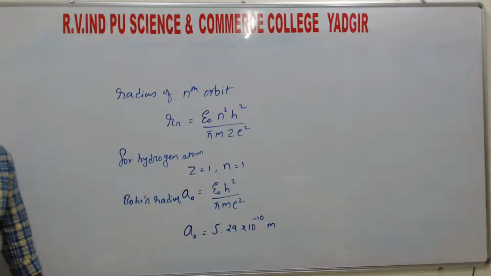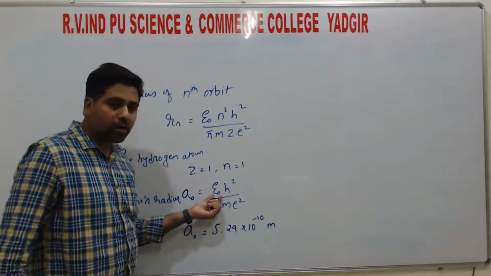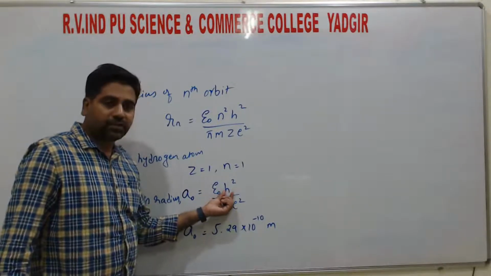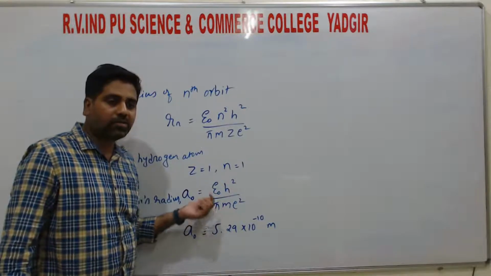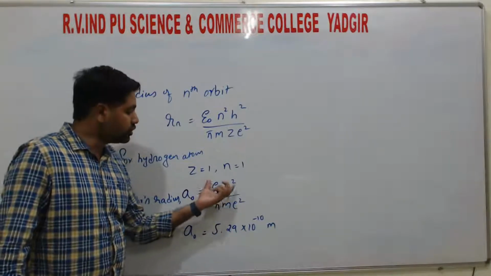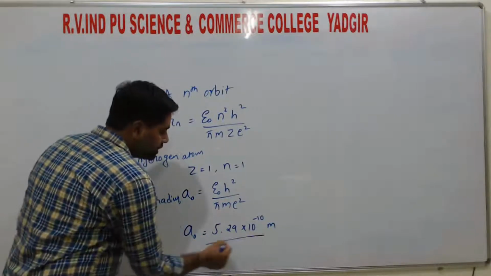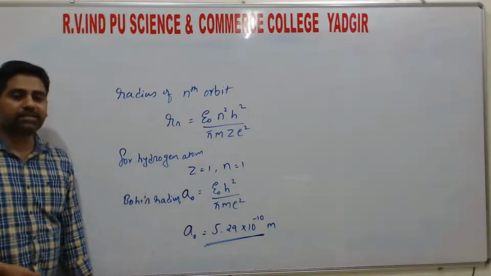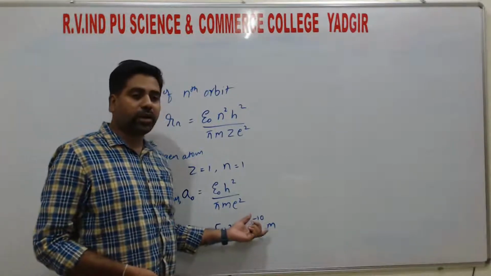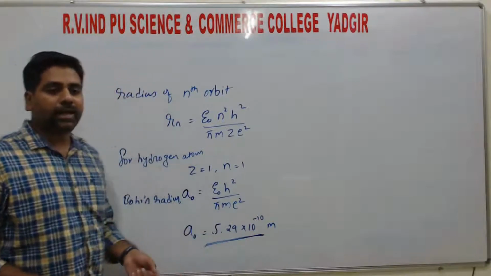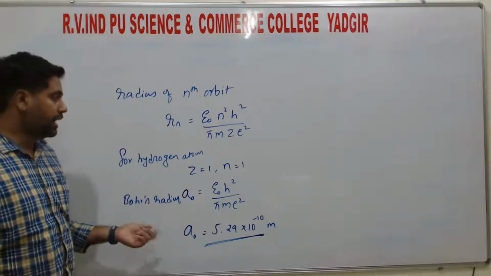As all these values are constant, we can substitute the values and simplify. Then we get the Bohr's radius of the hydrogen atom, that is 5.29 into 10 to the power of minus 10 meters. Right? So this is about the Bohr's radius.